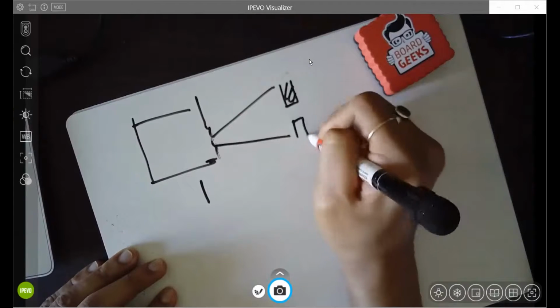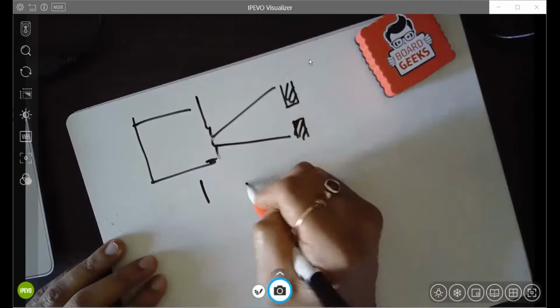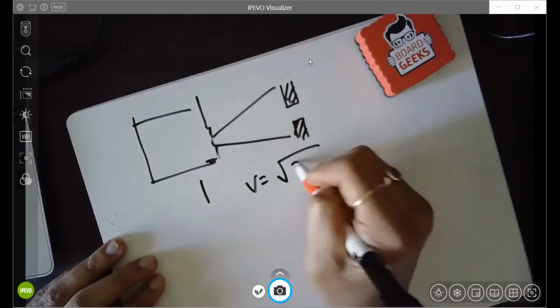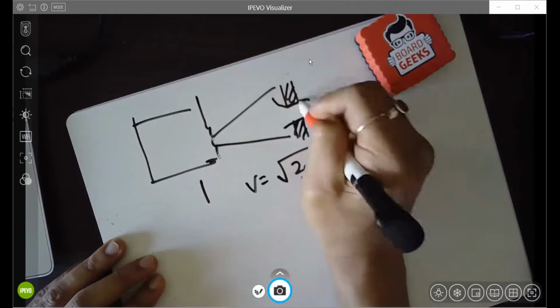So this is the orifice. And this equation that we got, V equal to under root 2gh, is in ideal conditions when the water just flows out like this.